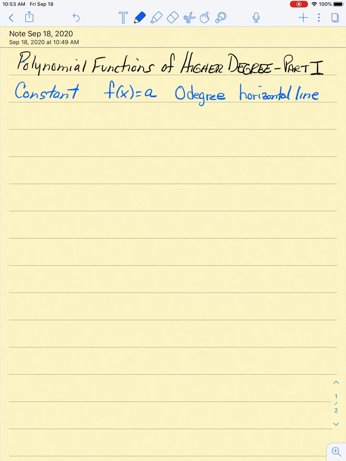Second, what is a linear function? We know f of x would equal mx plus b in its basic form. 1 would be your degree, and it looks like usually a diagonal kind of line, or the fancy math word for that is an oblique line. Diagonal, oblique.